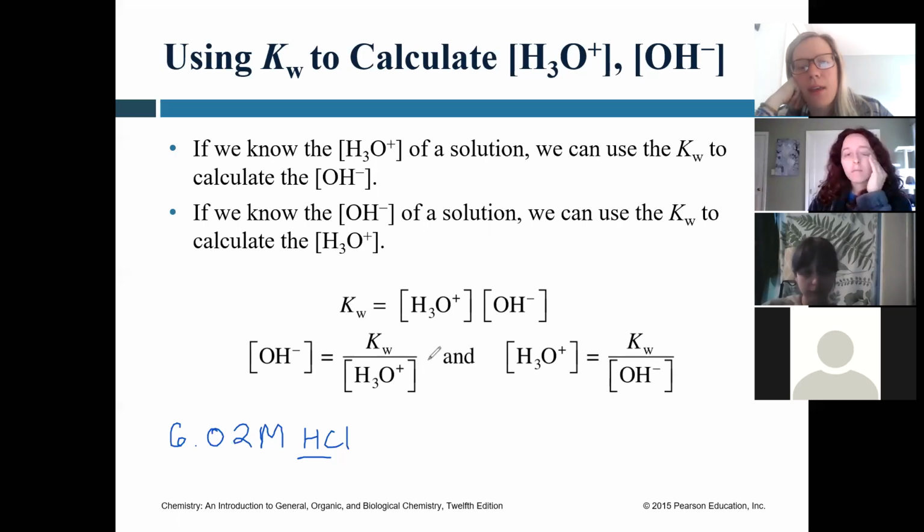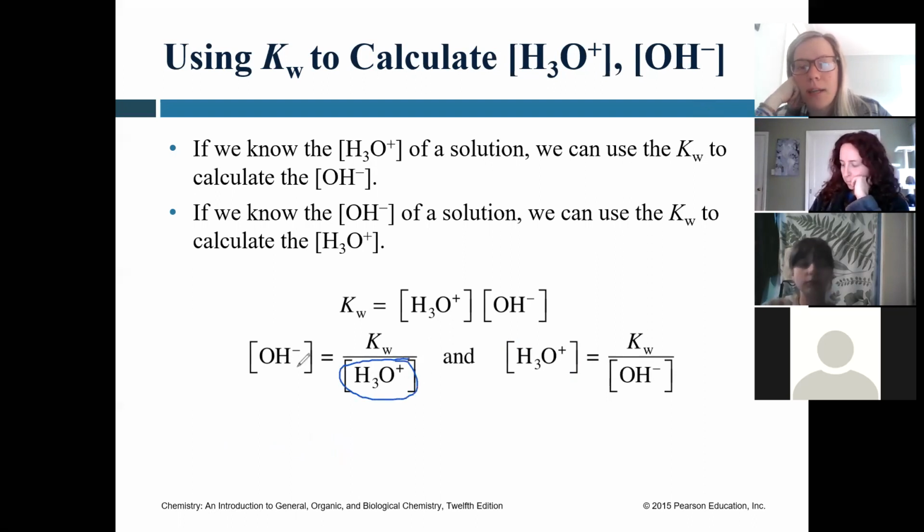So if I'm given H3O plus, or something about the concentration of the acid, I can figure out the OH concentration. Actually, I would use this equation here. If I know this value, I can plug it in and find the OH minus. Because what's the Kw constant? This thing is always 1.0 times 10 to the negative 14.